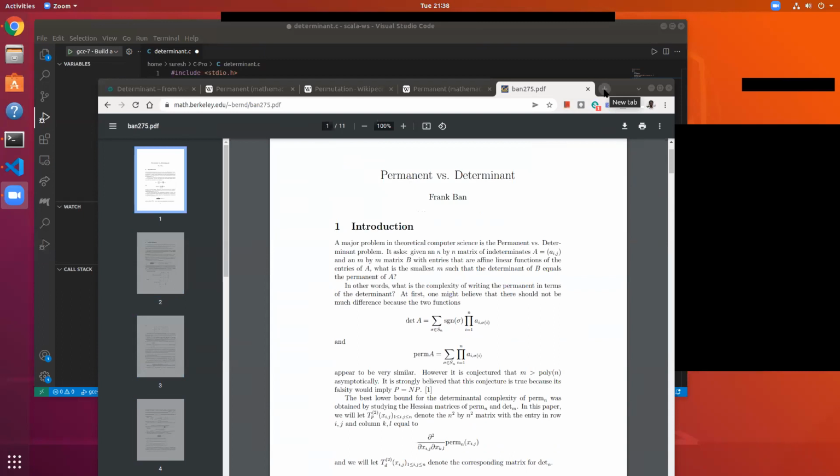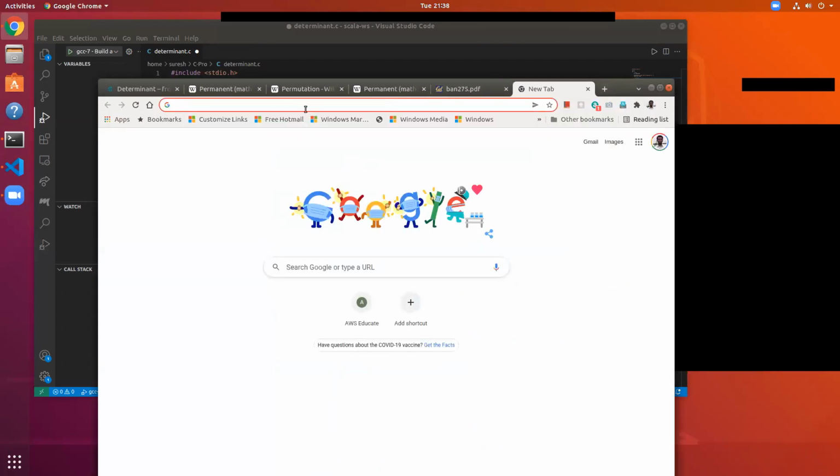The complexity, there is what is called the polynomial hierarchy.